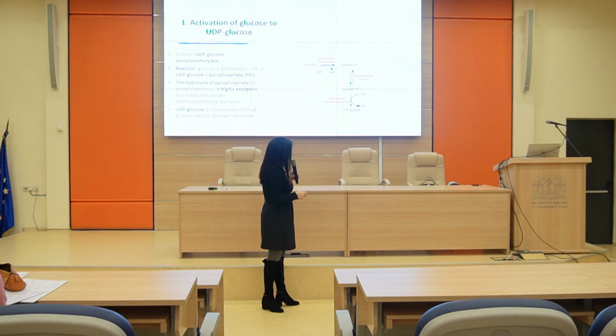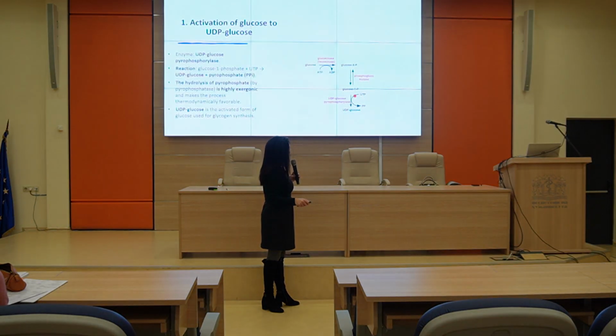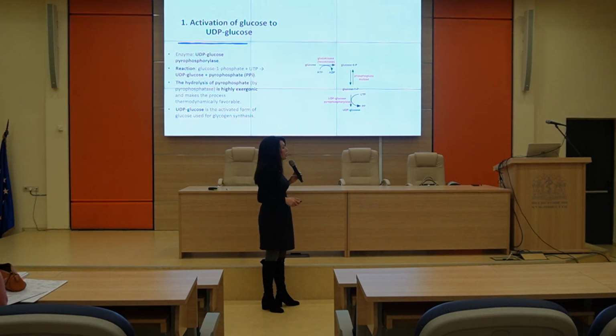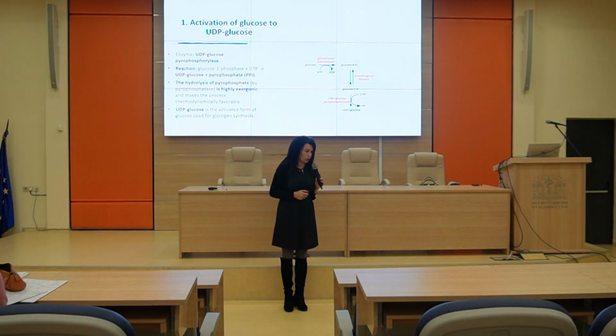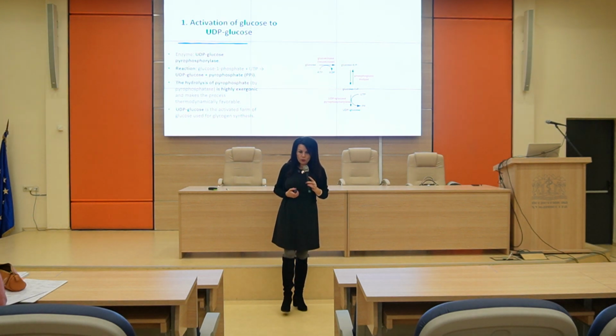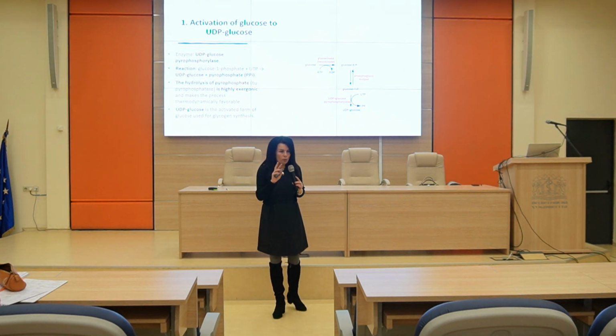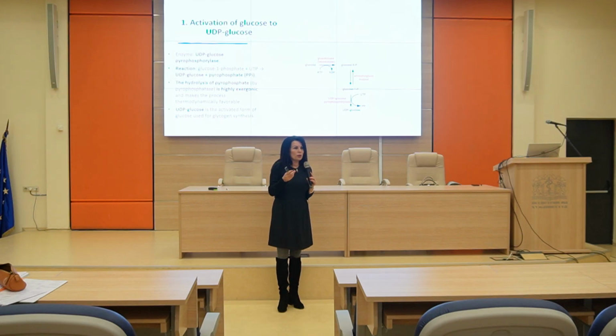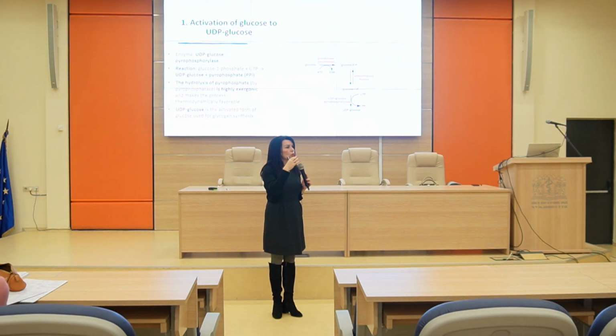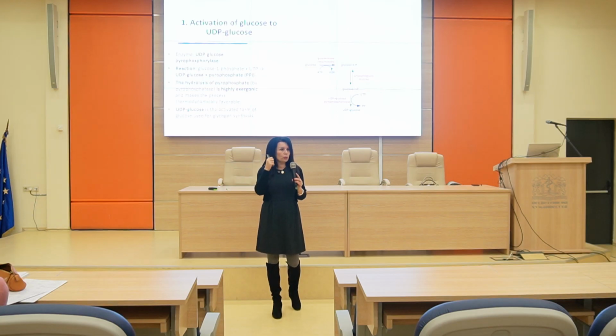The second activation uses UDP glucose pyrophosphorylase and 1 molecule of UTP to produce UDP glucose. Actually, you know about UDP glucose from this week when we talked about lactose synthesis from glucose. It was the same situation, with the production of UDP glucose.